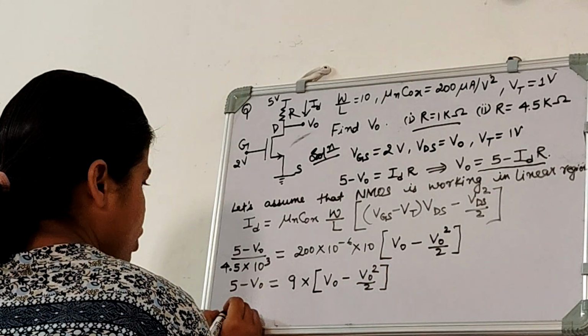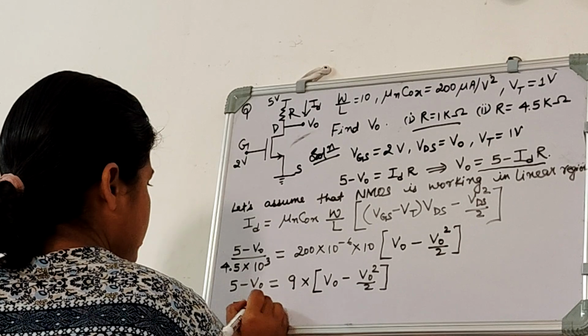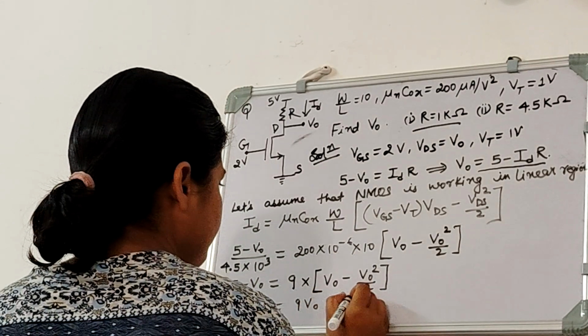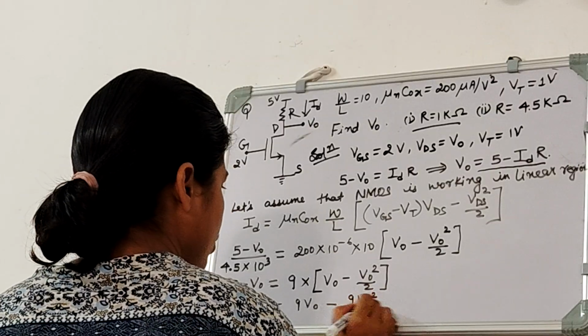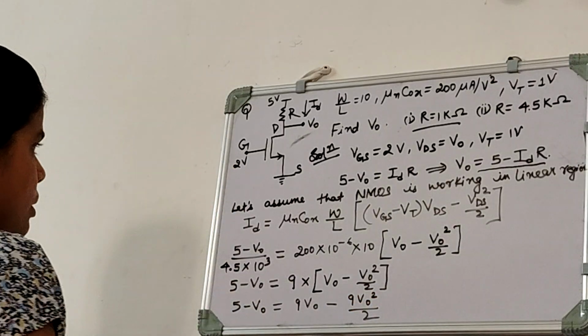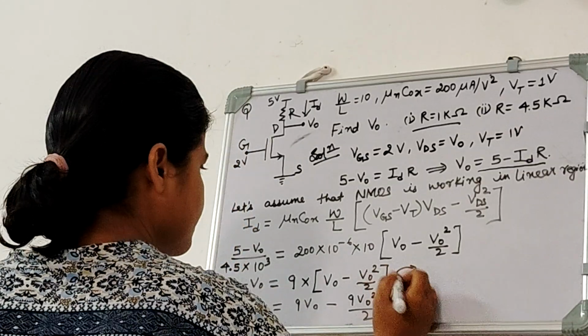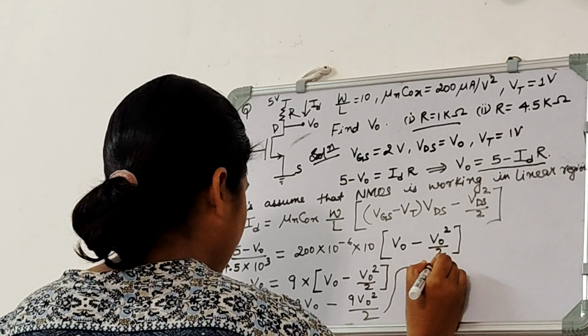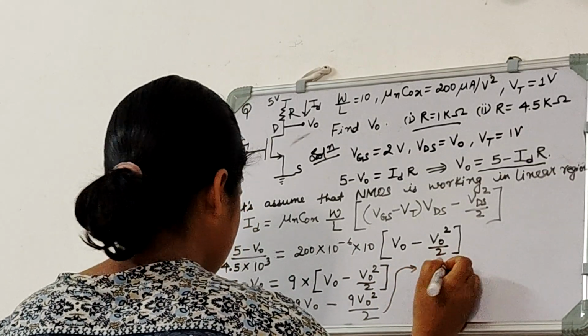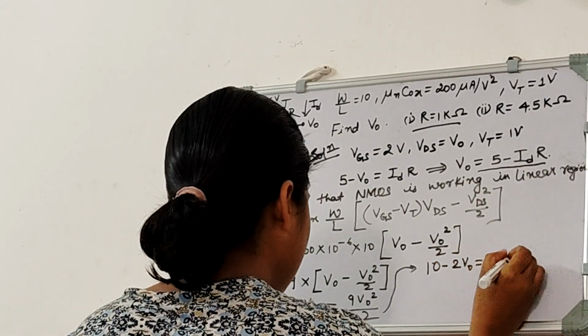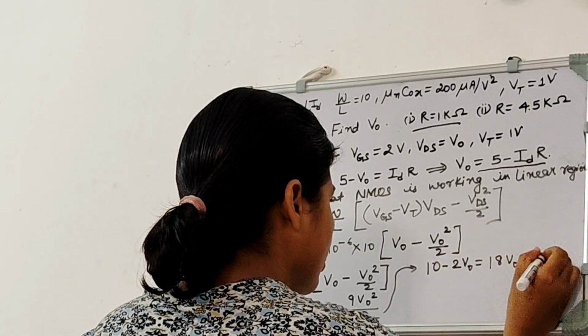So we will have to solve this: 5 minus V naught is equal to 9 V naught minus 9 V naught square upon 2. Now if we solve this, what will we get? 10 minus 2 V naught is equal to 18 V naught minus 9 V naught square.